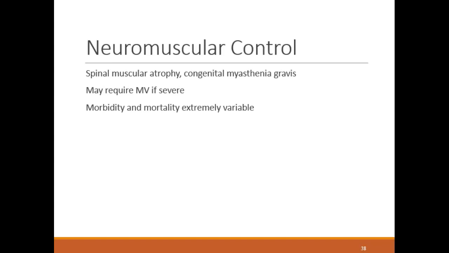Neuromuscular controls. There are a lot of different disorders that result in poor neuromuscular control of the diaphragm. That could be spinal muscular atrophy. Congenital myasthenia gravis is a possibility, just like myasthenia gravis in adults. Myotonic dystrophy is a neuromuscular disorder that's congenital, so babies have it from birth.